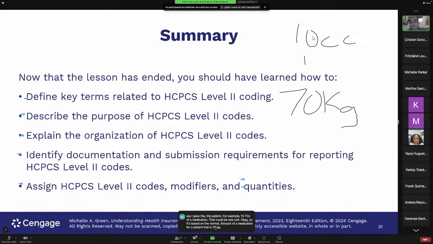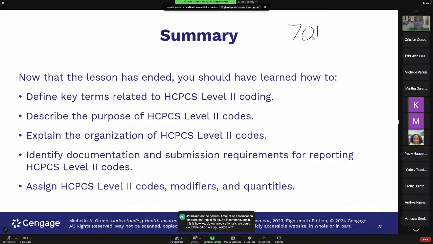So if someone, again, this is how we do our medication, and we could do a little bit of math. Let's scare you a little bit. A patient that is 70 kilograms will get 1 pill of medication. Okay. Now the patient comes in, and the patient is twice as big, so it's 140 kilograms.